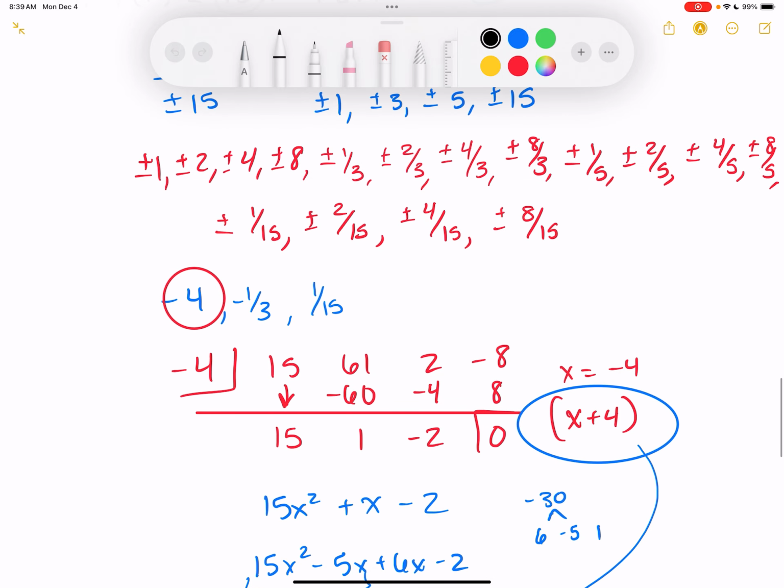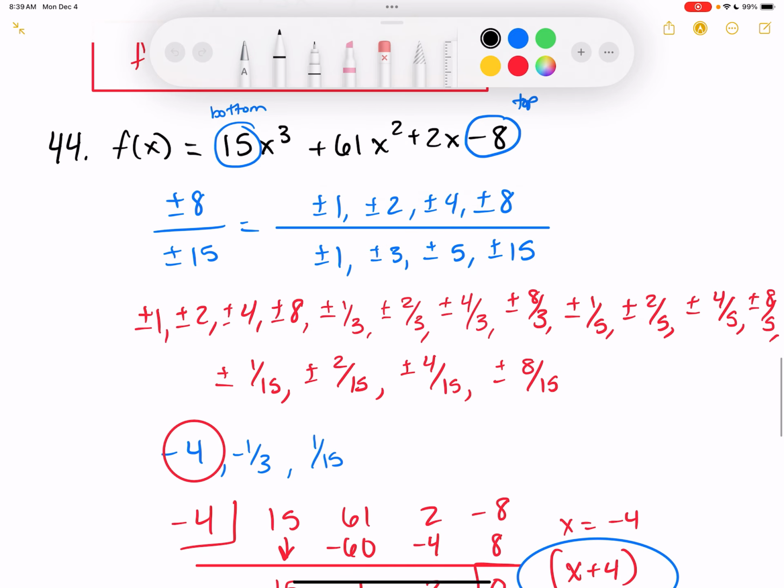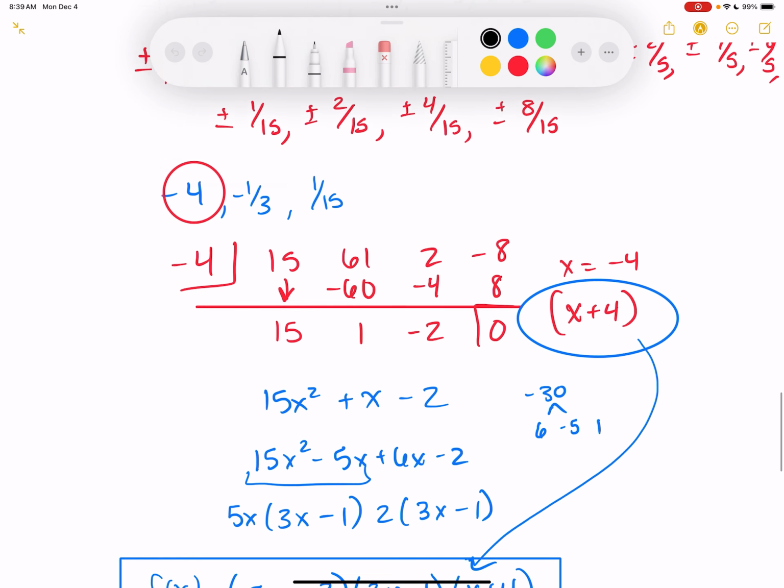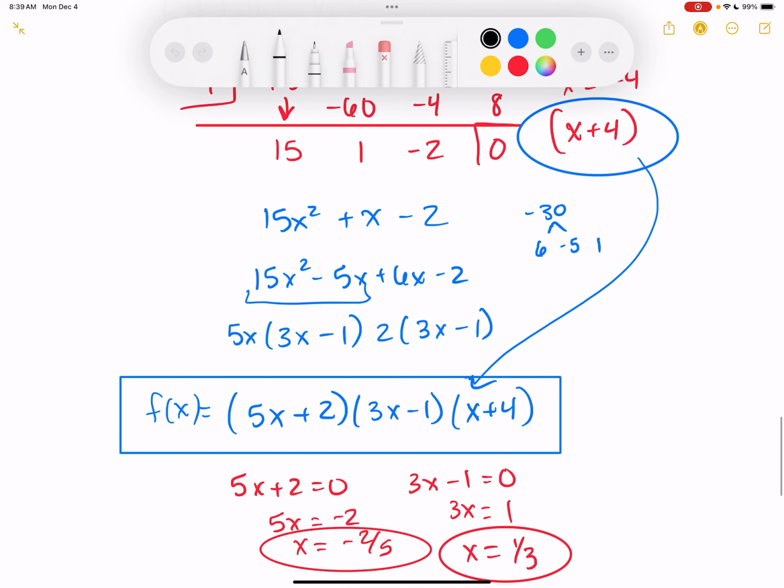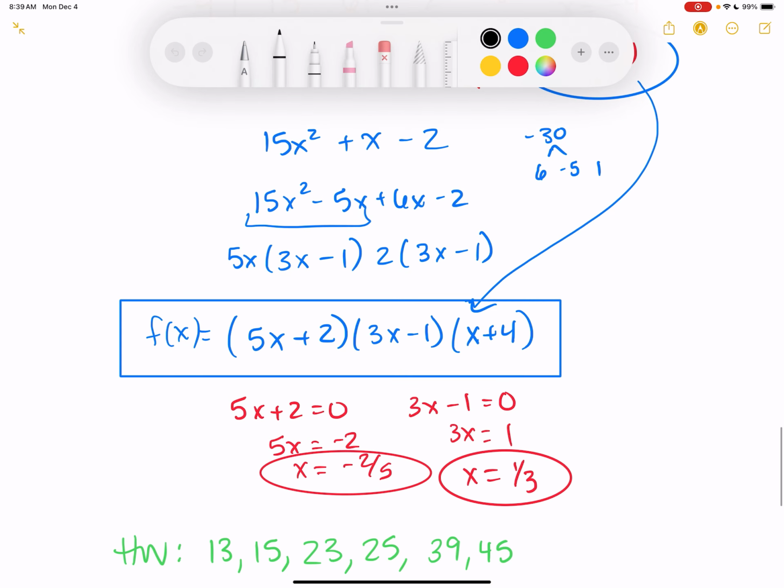So we found the 0. Remember, just as a quick refresher, it's whatever the last number is, the factors of that over the factors of whatever the leading coefficient is, and then we write out all possible factors there as plus or minus. Then synthetic, and then if we can factor after that, we factor, and this is the linear factorization.